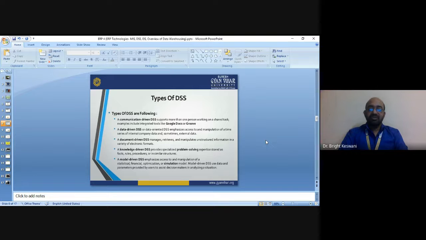So the first type of decision support system is status inquiry system. Another type of decision support system is data analysis system. The decision is based on comparative analysis and use of a formula or an algorithm.